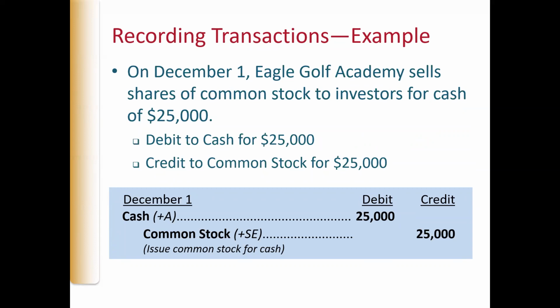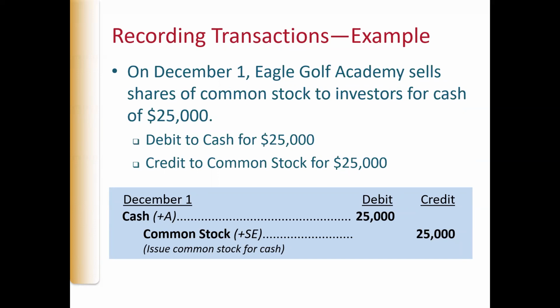Now let's just think about this, guys. Why did we debit cash 25,000? Because it's increasing, right? And cash is an asset. To increase an asset, we debit.